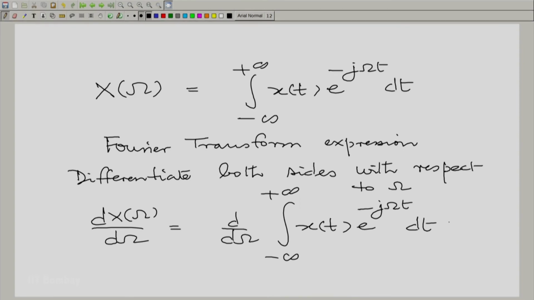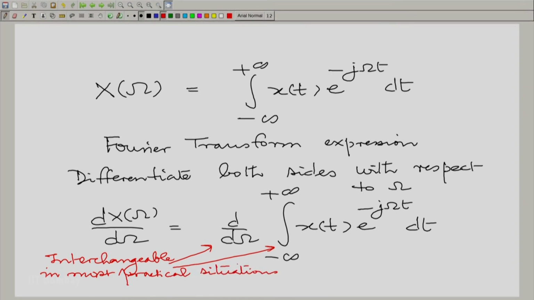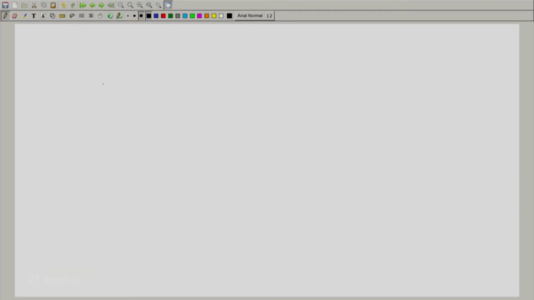but then as before I could argue that it is reasonable to interchange this in most practical situations, which means I can now write down first integrate and then differentiate, and the differential will act only on the quantities having omega.